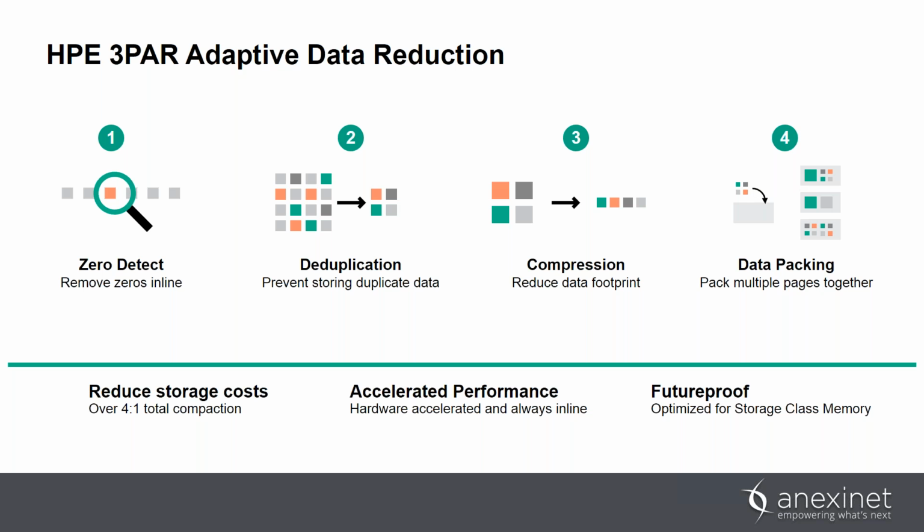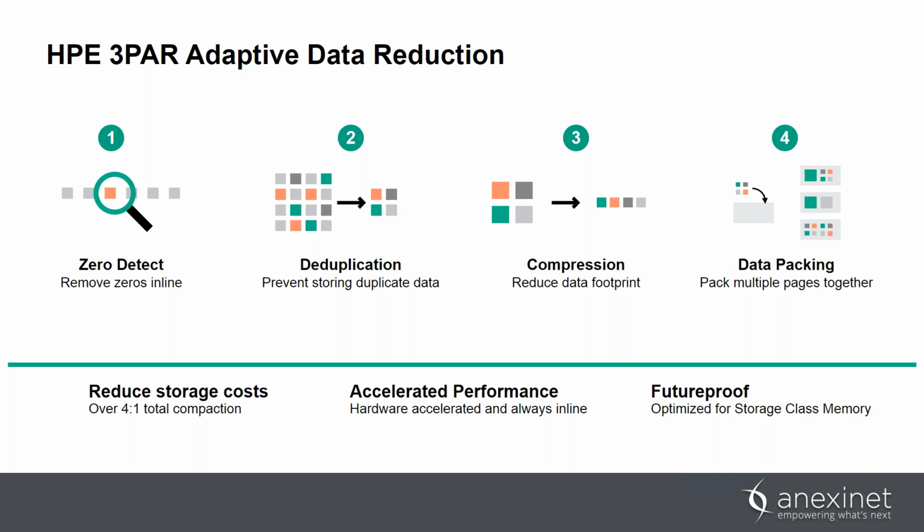With the 3.3.1 update that's coming out for the 3PAR, you have a range of adaptive data reduction features now. In your 3PARs, you currently have Zero Detect, which basically recognizes all the zeros inline and doesn't store those on the back end. Deduplication prevents the storing of duplicate data. A new feature being added with 3.3.1 is compression. So in addition to deduplication, you now have compression introduced to further reduce the data footprint.